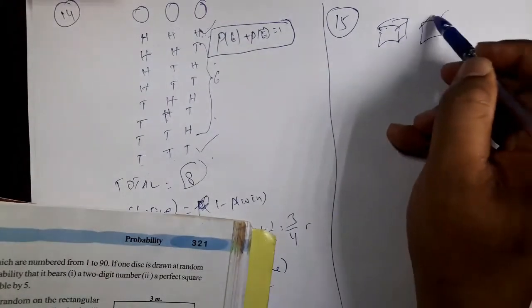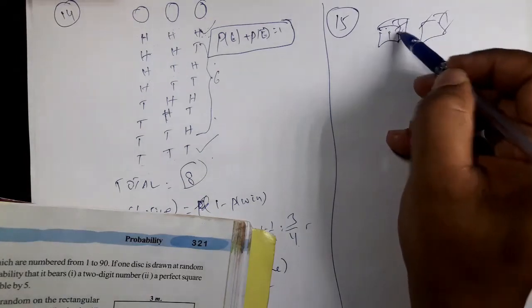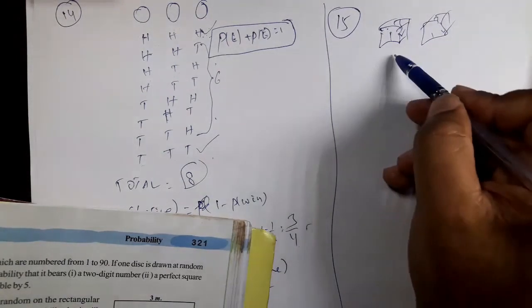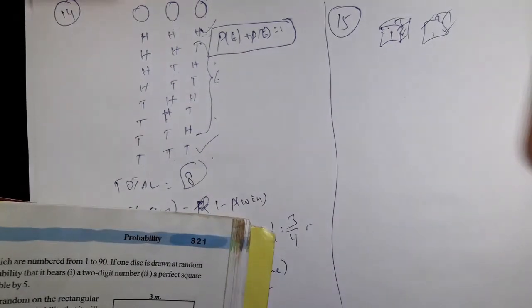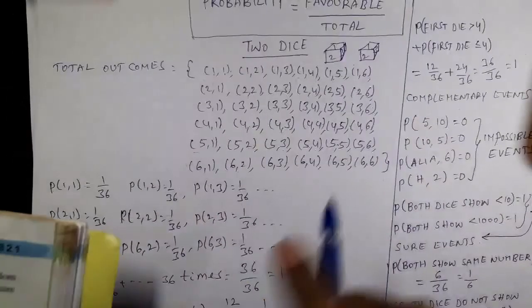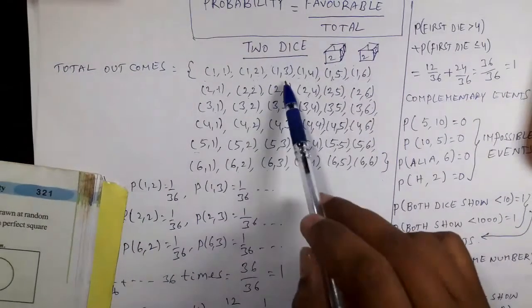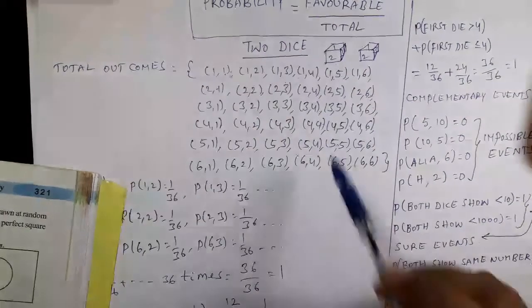If 2 dice are thrown at a time, tell me what the possible outcomes are. 1 1, 2 2 and so on. We have discussed this in the basic series. 1 1, 1 2, 1 3, and so on up to 6 6, so 36 possible outcomes are there.